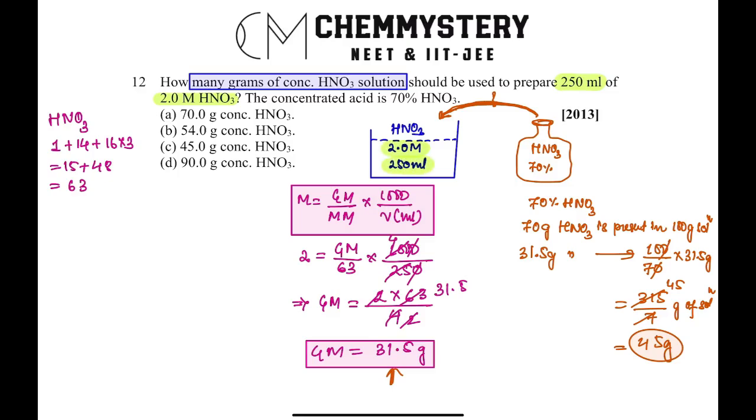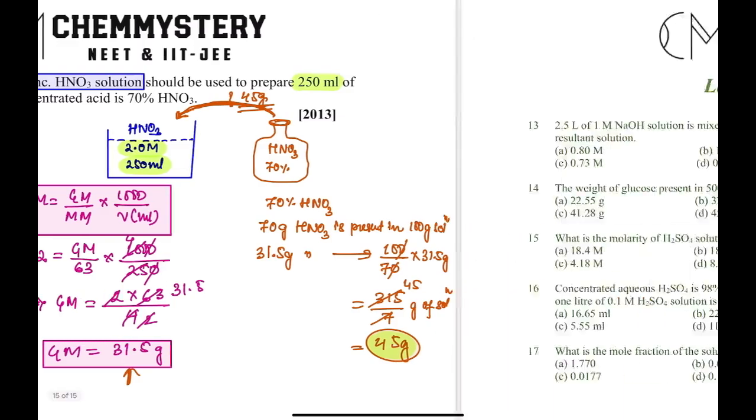So how much stock solution do I need to take out? I need to take out 45 gram of the stock solution. So my answer is 45 gram, which is in C. Option C will be the answer for this. Done. This was a PYQ.